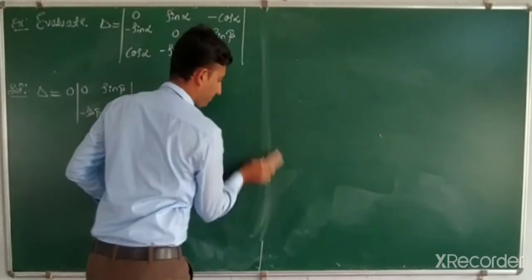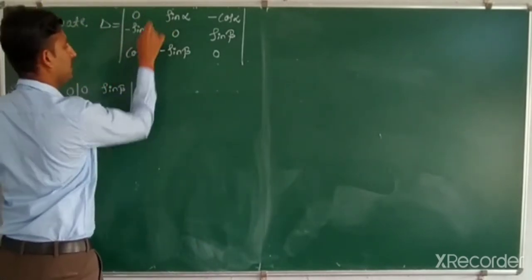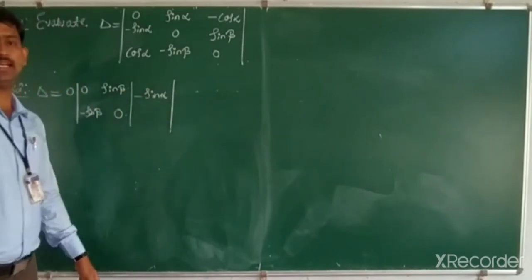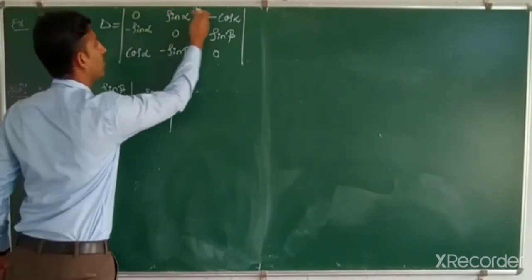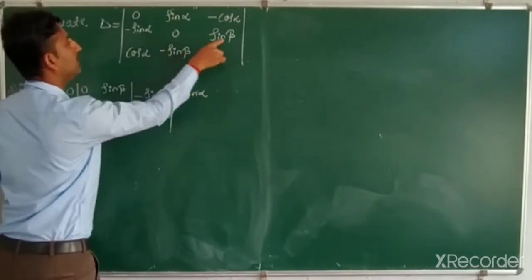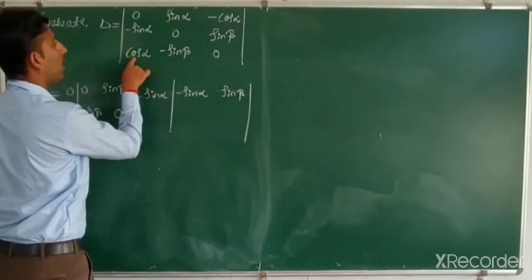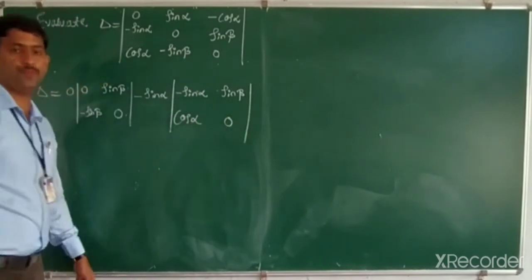After that, this place is plus minus place. You write it as minus sin alpha. You have to eliminate this column and this row. Values are minus sin alpha, sin beta, cos alpha, 0.